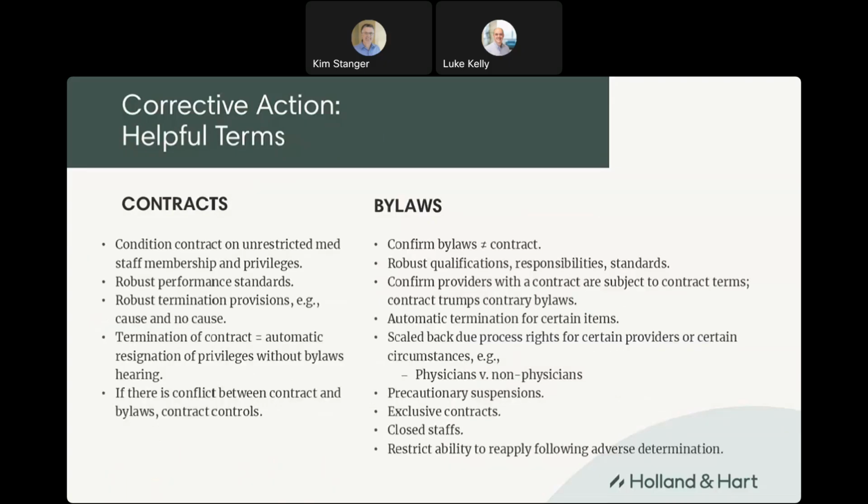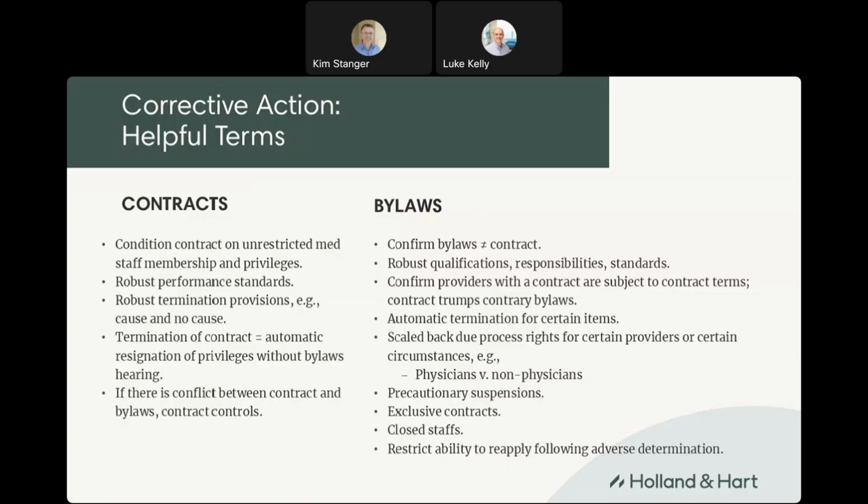If you are going to have that option, you may want to include certain terms in your contracts or your bylaws that would facilitate your ability to use those different options. So for your employment contracts, for example, you may want to include terms that condition the contract on unrestricted medical staff membership or privileges, and that you have robust performance standards or termination provisions in your contracts, including cause and no cause termination provisions.